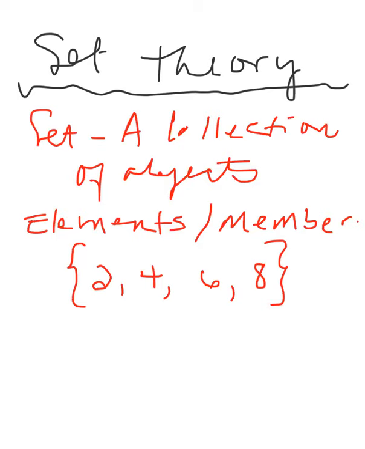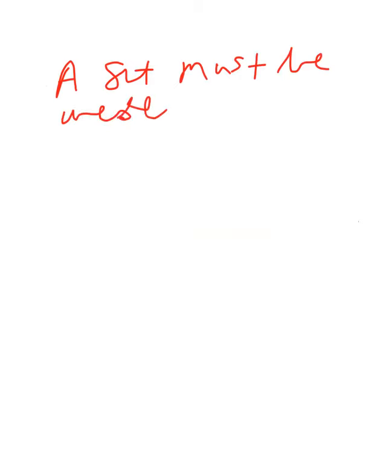The objects in the set are the even numbers, and they're referred to as the elements or the members of the set. Now, in order to have a set, guys, a set must be well defined. Let me write this down for you guys. Let me erase all of this so I can write it down for you. A set must be well defined, okay?